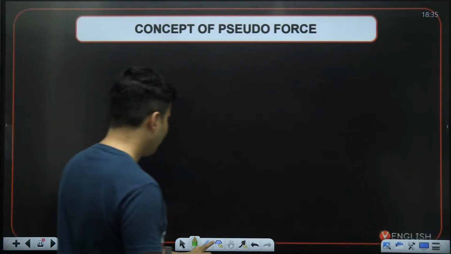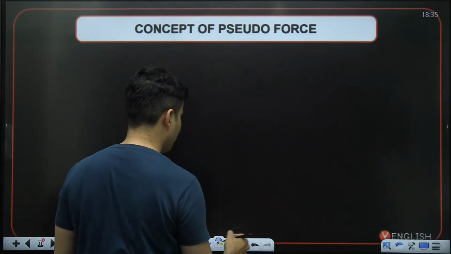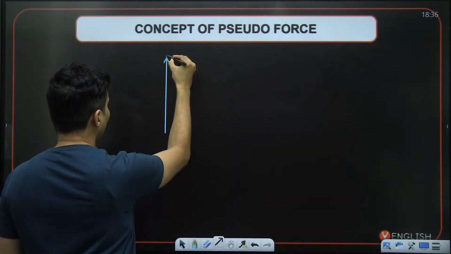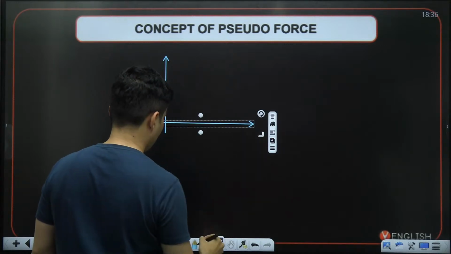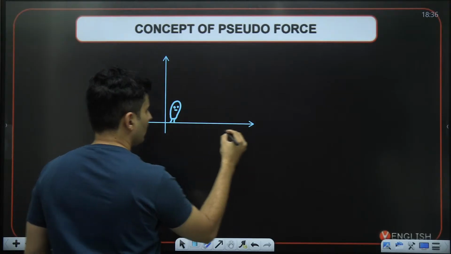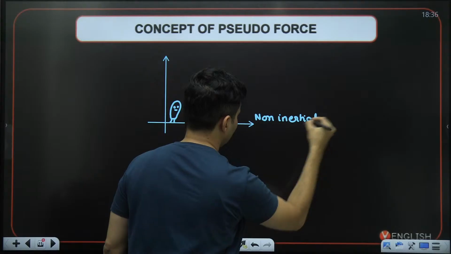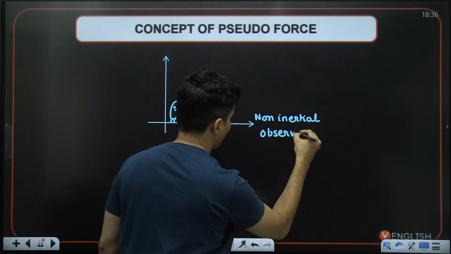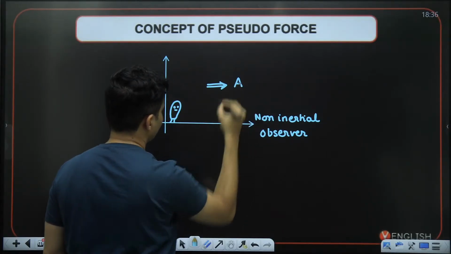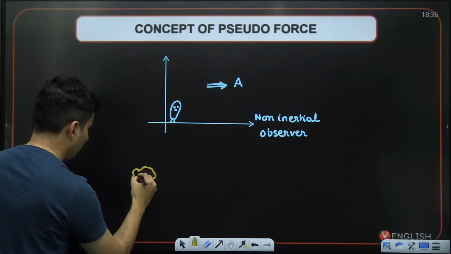So, whenever you have a non-inertial observer, let me show that observer first over here. You have this non-inertial observer, and let's say the observer itself has some acceleration A, and the observer is observing some kind of a body.